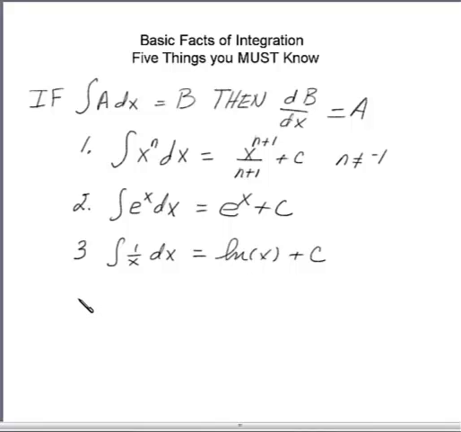4 and 5 build upon the first 3. So 4 is that if I have the integral of a constant times a function, then I can take that constant outside. The constant times the integral will be the same thing. And that's real handy, just to pull constants outside integration.